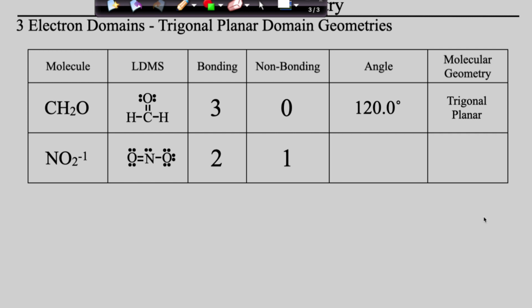We're missing the unbonded pair of electrons up top, and that unbonded pair of electrons pushes these down and makes the angle smaller than what? Not smaller than 109.5, smaller than 120. So guys, this angle is smaller than 120. So now guys, we got to name it, and you already know the name. Looking at the molecule, what's it look like? It's bent again.